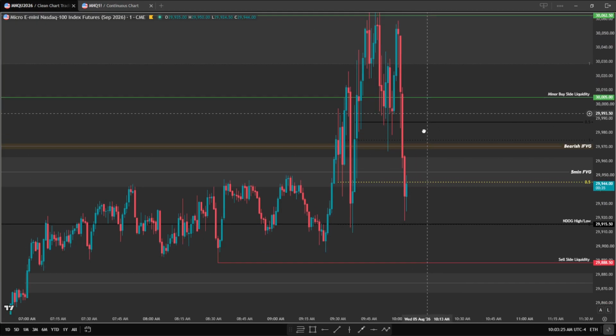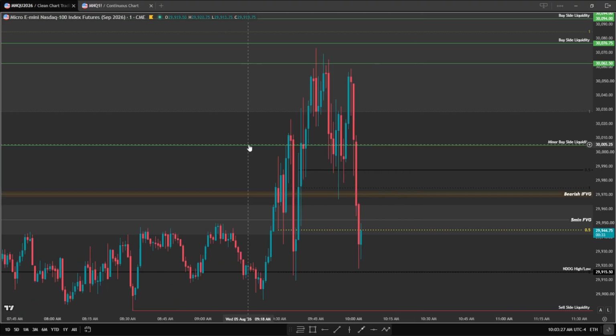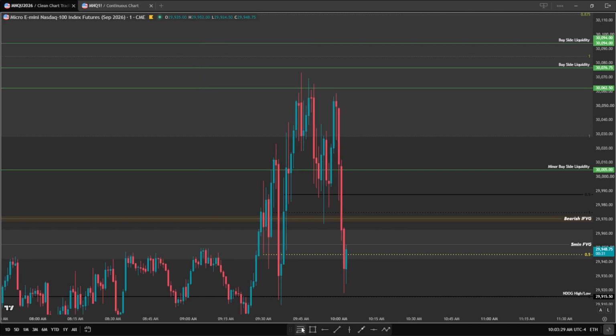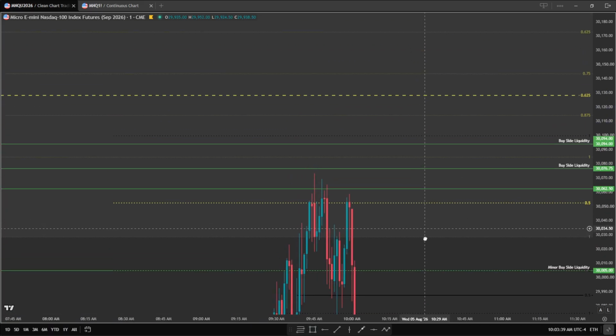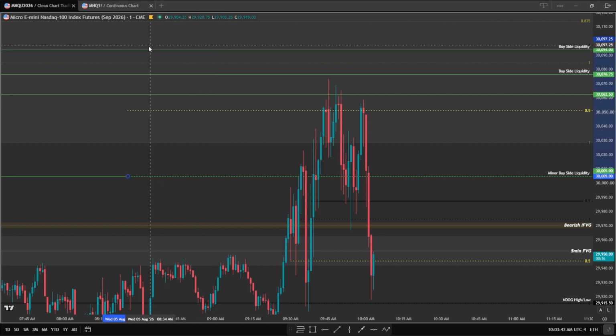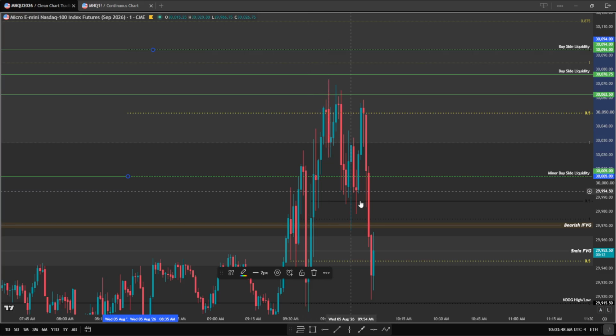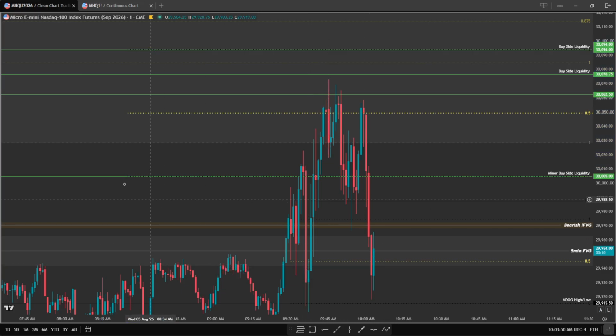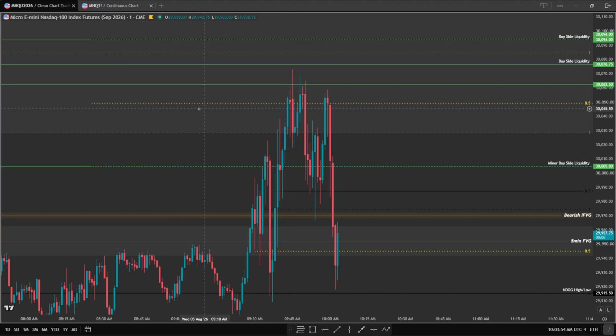Anyway, I had this one annotated, and I had the mean threshold of, I believe it was here to the highest one, right? Is that the highest one? Yes. I guess the event horizon. So I had event horizon here, right there, and the body closed above it here.